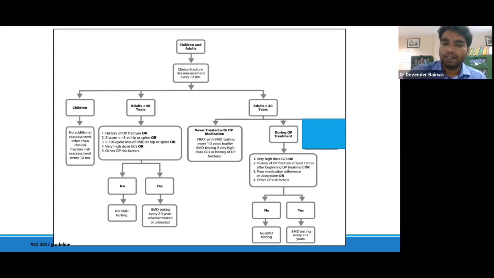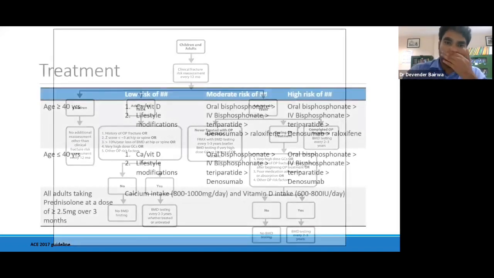If it is not there, then no testing is required. And if somebody has completed treatment for osteoporosis, then BMD testing every 2 to 3 years. So the idea is that if patients have any major risk factor for osteoporosis, you should test every 2 to 3 years.